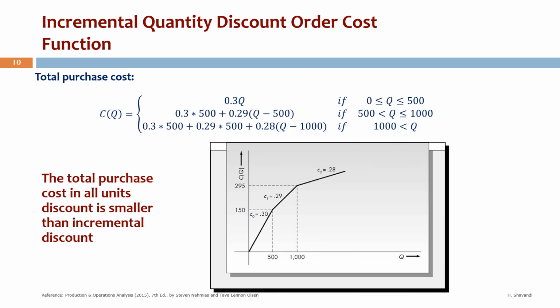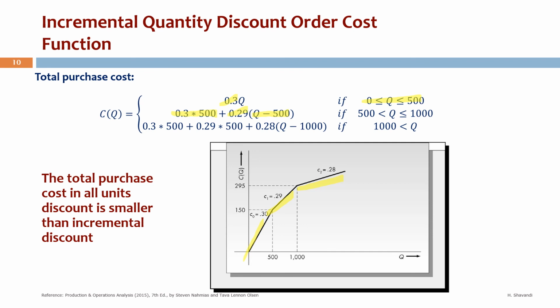But in the incremental model, as you see here in this shape, the discount is applied just on the units above that threshold. So here, if Q is between 0 and 500, then the purchase price is 30 cents. If we go over 500, the first 500 will be based on 30 cents, and the units over 500 will be based on 29 cents.